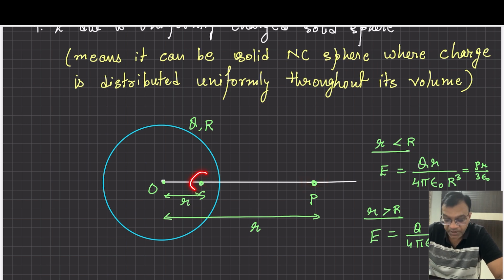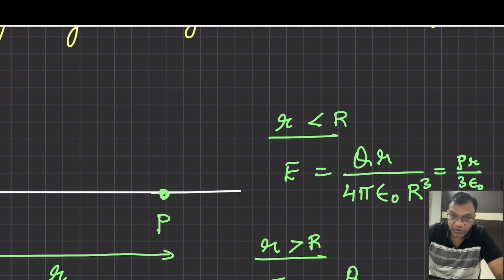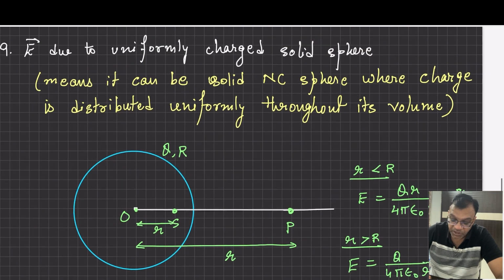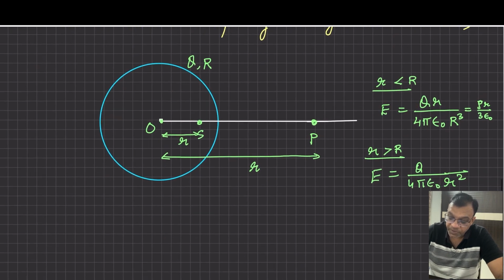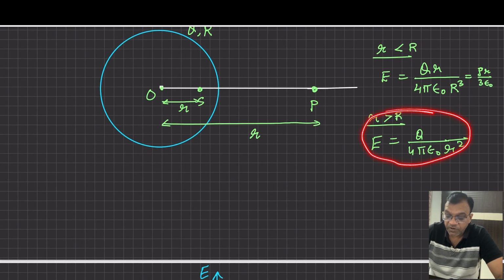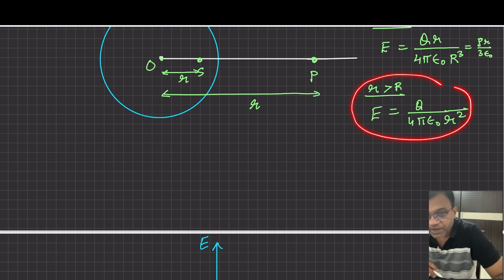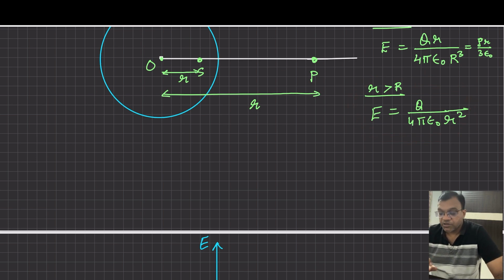Inside point has been marked by S, outside point has been marked by P. So electric field intensity at inside point is Qr upon 4 pi epsilon naught R cube, and in terms of the density it is also written as rho r by 3 epsilon naught. And for outside point, electric field will have the same expression as for the hollow sphere, Q upon 4 pi epsilon naught r square. For outside point, it is the same as that of a point charge placed at the center or due to the hollow sphere.